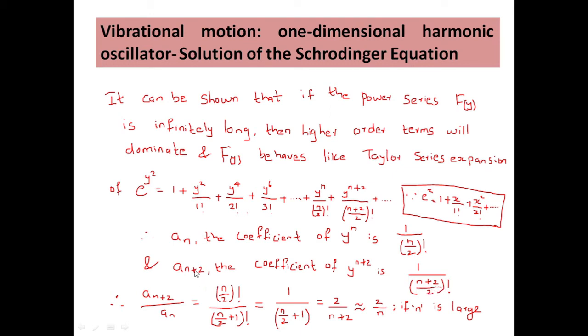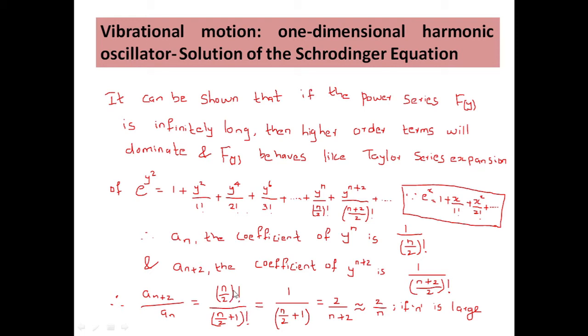Therefore, if we take the ratio of the coefficients an plus 2 and an, we will get an plus 2 by an is equal to n by 2 factorial divided by n by 2 plus 1 factorial. This is actually n plus 2 the whole by 2, which can be reduced to n by 2 plus 1 whole factorial.